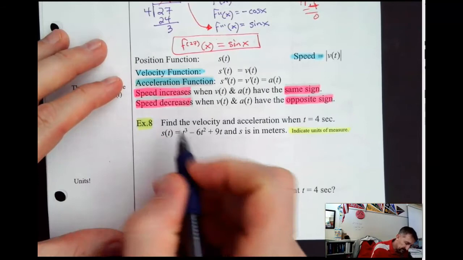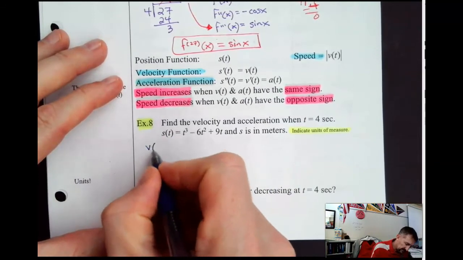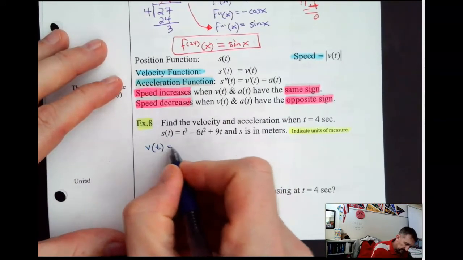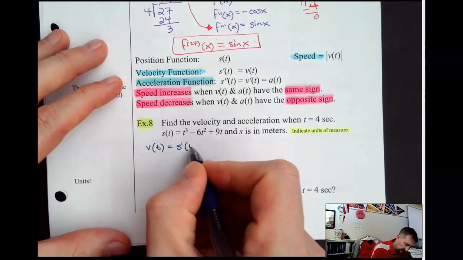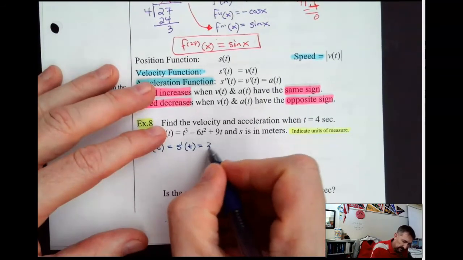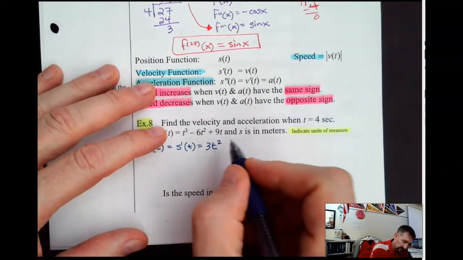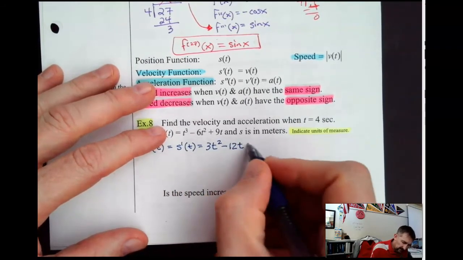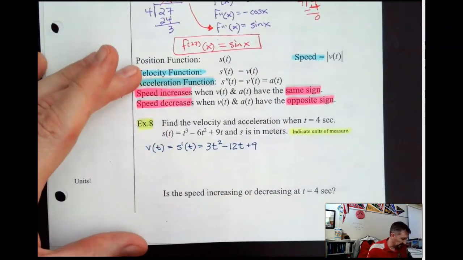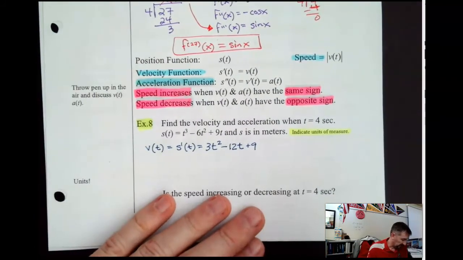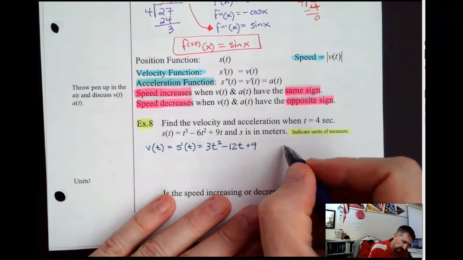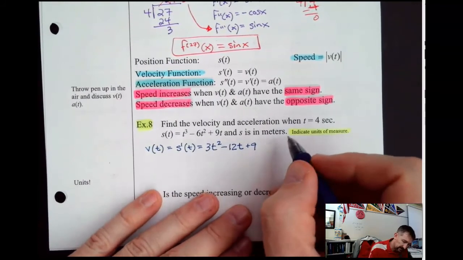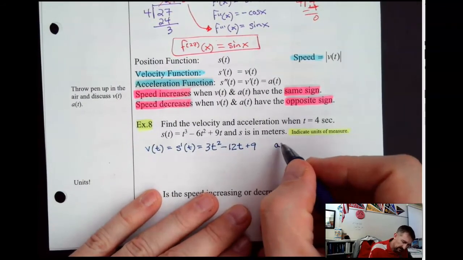Okay. So the velocity is the derivative of position. So that's going to be 3t squared minus, and again, you should be able to pause that and do that yourself, but okay, so that's the velocity. And then over here, I'm going to do the acceleration.